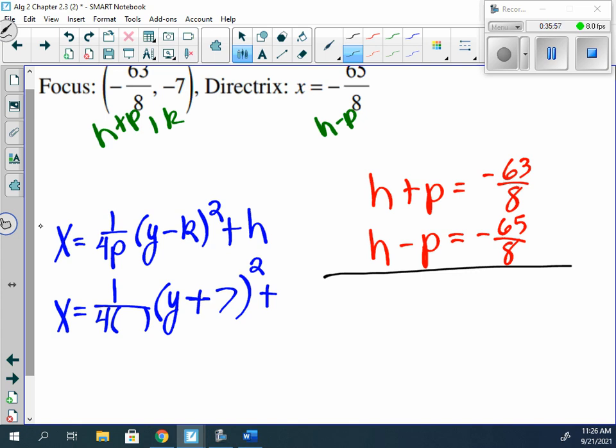We can either add or subtract to solve for one. Because if I add the two together, well, what is p plus negative p? 0, yes? So I can solve for h. If I subtract it all the way through, h minus h would be 0. It'd solve for p. So we can go on and just add.